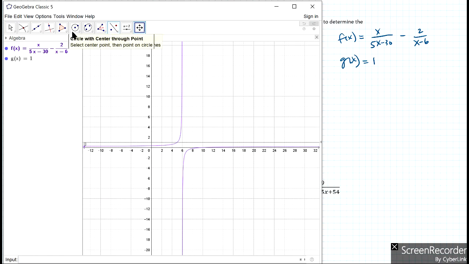And then to find the intersect, we can do the same thing. We want to focus on the line, make sure the line is highlighted over here on the left. You can see once you click it, it's highlighted, and then we want to hit the curve. Then you will see A is plotted at the intersection of the two curves, and we get that the intersection is at 5, 1.